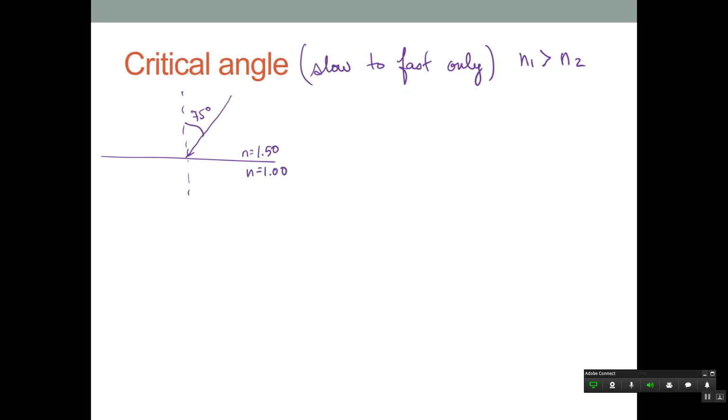Using Snell's law, I want you guys to determine what's going to be the refracted angle here. All right? It's going from slow to fast. Are you going to expect the angle to be greater than or less than 75? Greater than, because it's going from slow to fast. You're going to want it to go greater than. So let's do the calculation and try to figure out what that angle is.